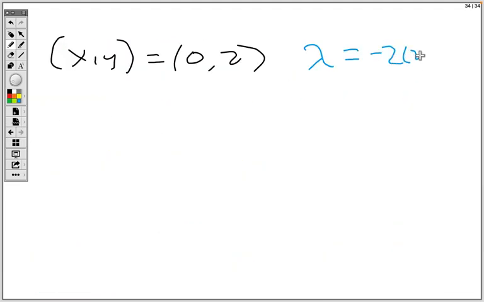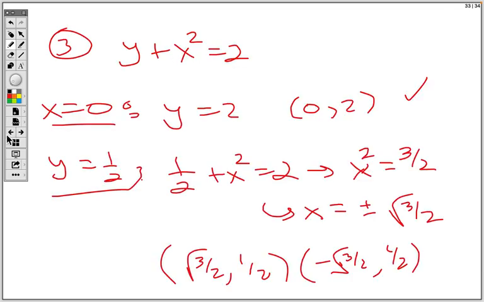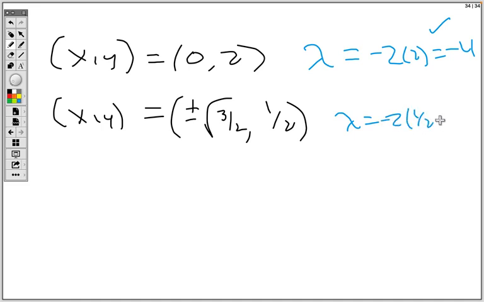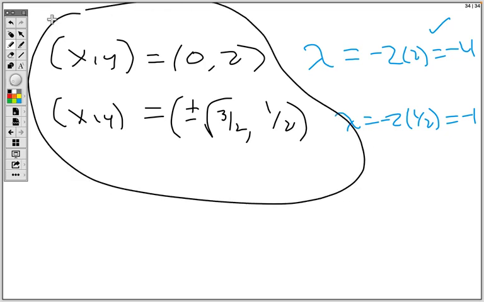So lambda is minus 2 times 2, which is minus 4. And for xy equals plus or minus root 3 over 2, a half, we would get lambda to be minus 2 times a half, which is minus 1. So in both cases here, we do get lambdas to go with the x's and y's. So according to Lagrange's theorem, these are the viable critical points.